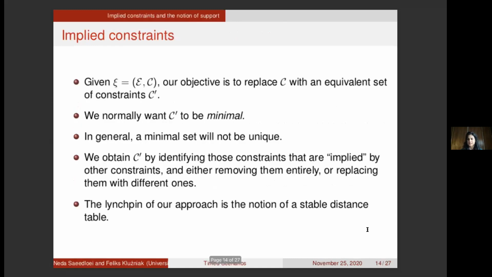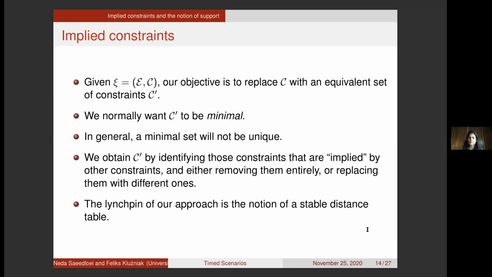So now in our new work, we are interested in knowing what constraints are implied by other constraints. Given a scenario that is composed of some events E and a set of constraints C, our objective is to replace C with an equivalent set of constraints C prime.